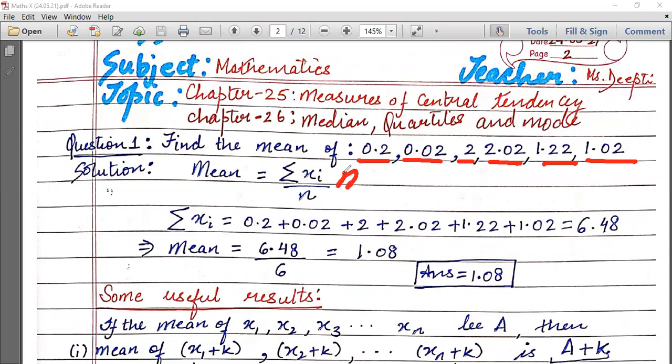So you have to find the mean: the sum of all the observations divided by the number of observations, that is 6. Add all these six values and you will get 6.48. When you divide, you will get 1.08. So children, the mean of the above data is 1.08. This is a very basic thing about mean.